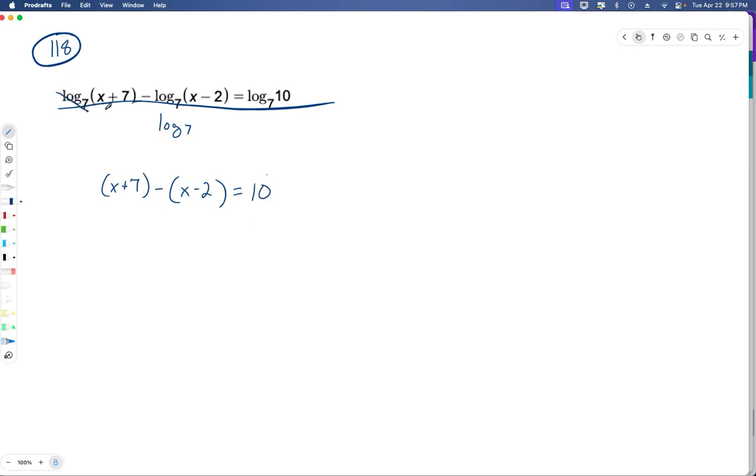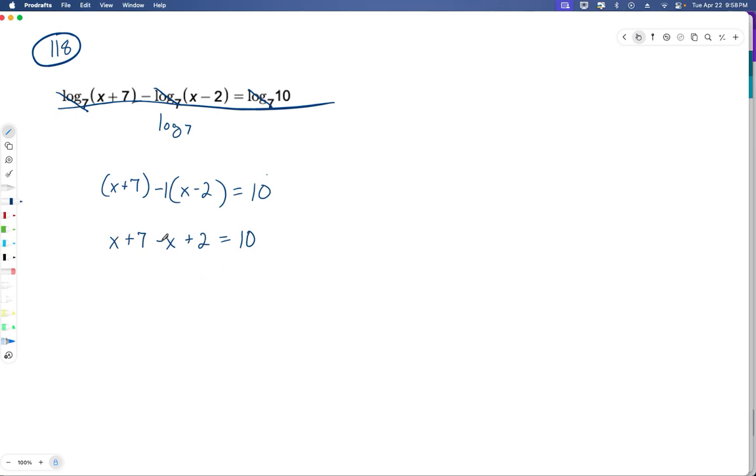We're just canceling out the log 7 and leaving what's left behind. So in order to solve this one, I'm going to apply the opposite to this. So negative 1 times all of this. X plus 7 minus x plus 2 is equal to 10.